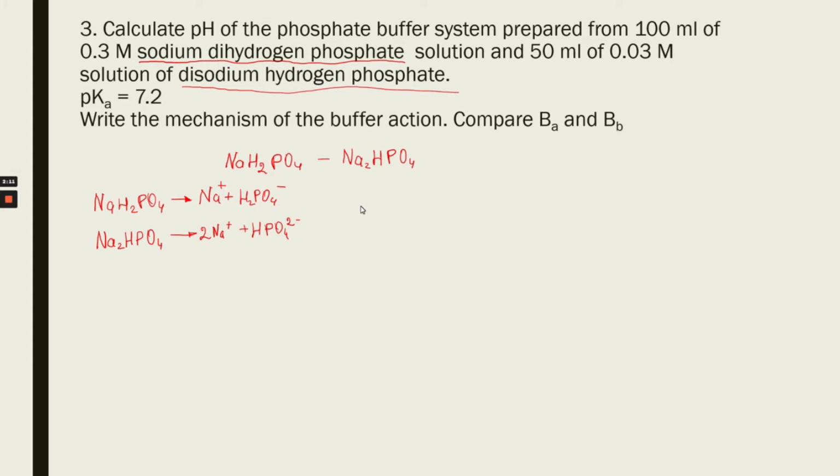And here in the phosphate buffer system, we also have to write the dissociation of the dihydrogen phosphate ion. It is a weak electrolyte, so to some extent it dissociates. We write two arrows: H plus plus HPO4 2 minus.